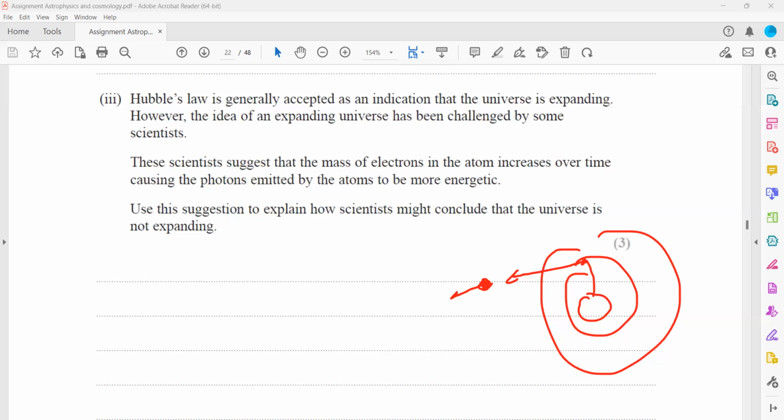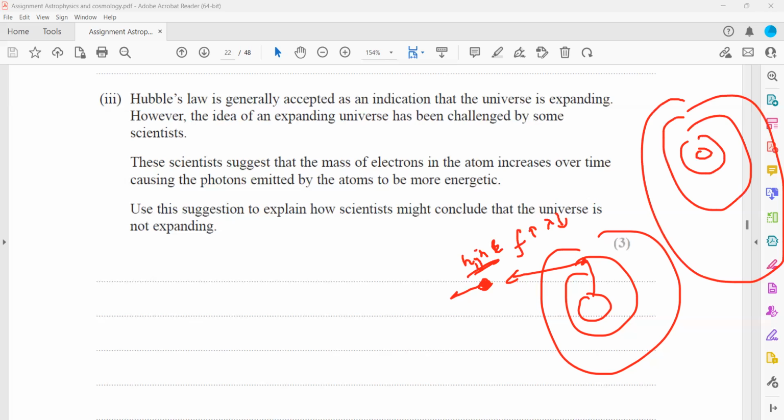So the idea is that if the electron mass is increasing, it is producing a photon of higher energy, higher frequency and shorter wavelength. But in the past, when the electron was not increasing, like in distant galaxies, this electron was lighter, so when it emitted a photon, it had smaller energy, smaller frequency, or a longer wavelength.